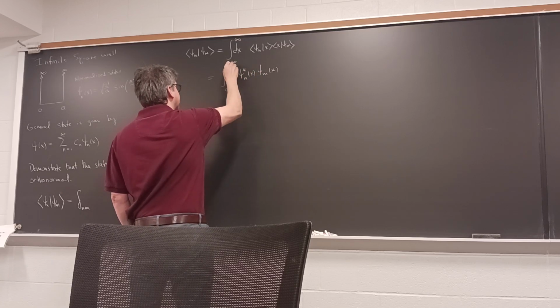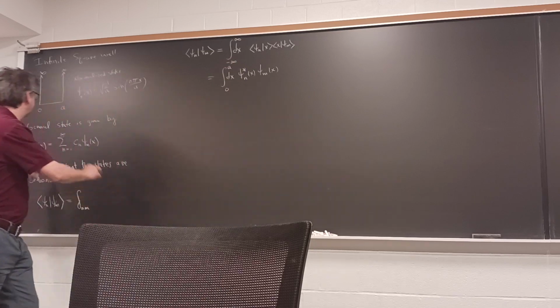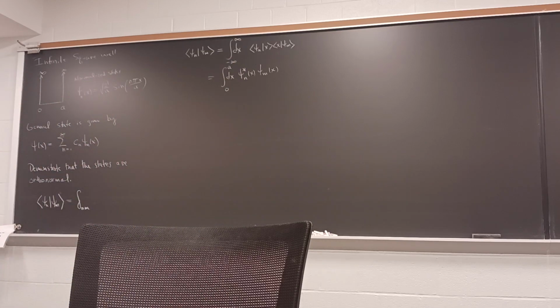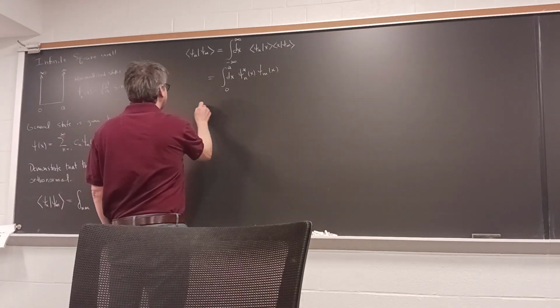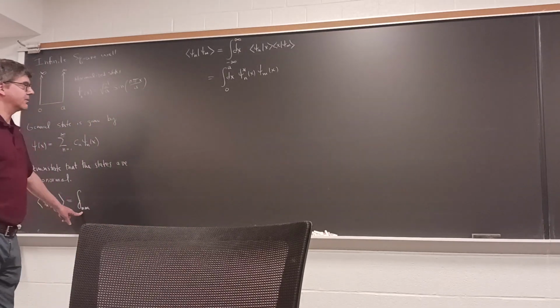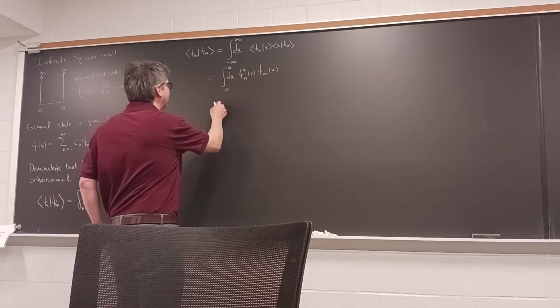And the integral will just go from 0 to a, because the wave function is 0 outside the box. So we have to show that this integral gives you the Kronecker delta n m.